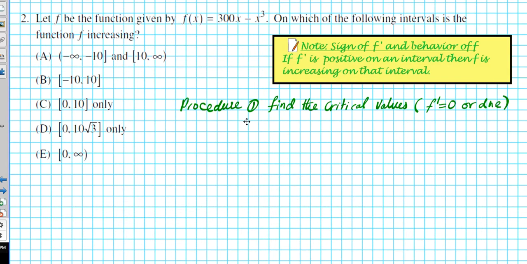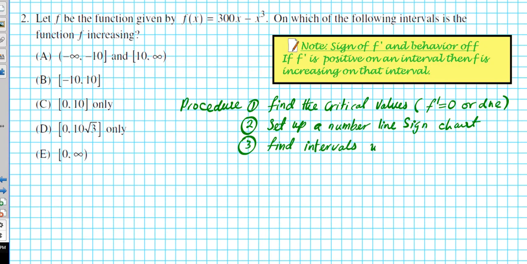After that, we're going to set up a number line sign chart that will enable us to see how the sign of f prime changes across the critical values. And then lastly, we will find the intervals where f prime is positive.